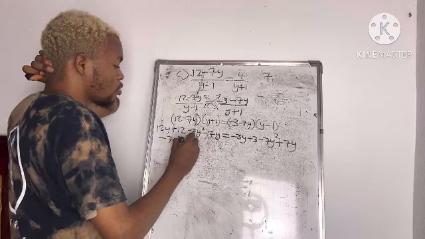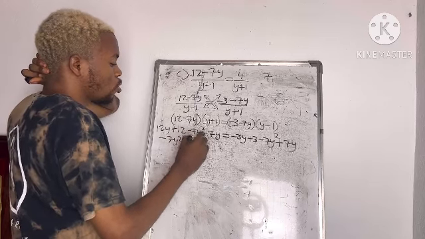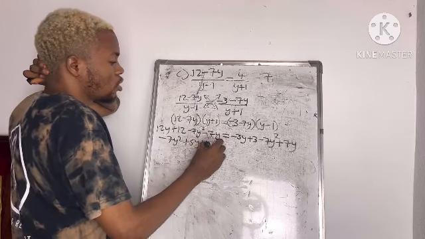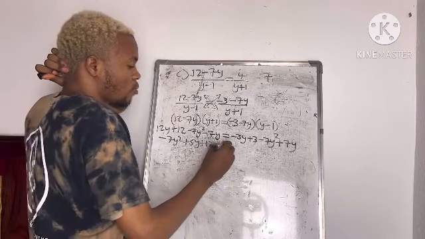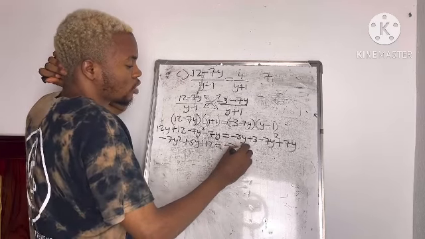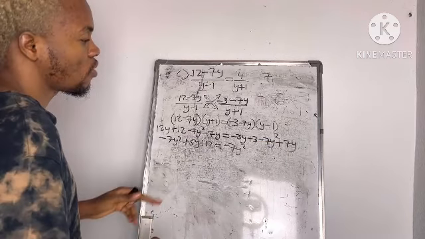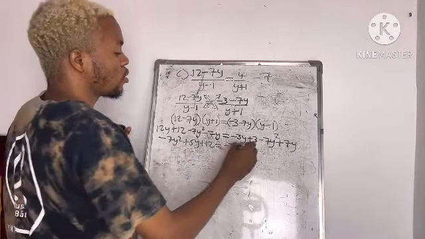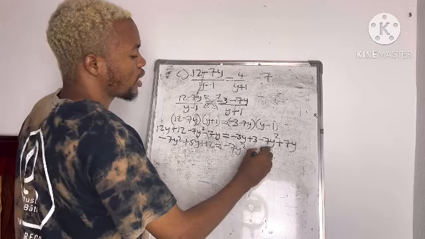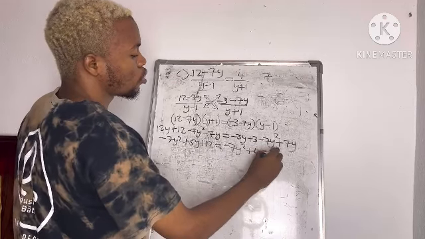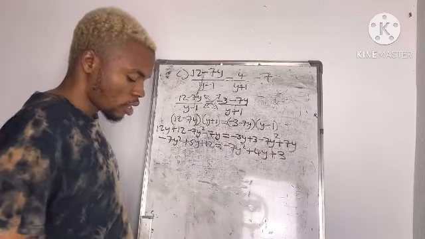It will give you plus 5y plus 12 is equal to minus 7y squared, you have minus 3y and 7y, those are like terms. 7y minus 3y, you have plus 4y plus 3.